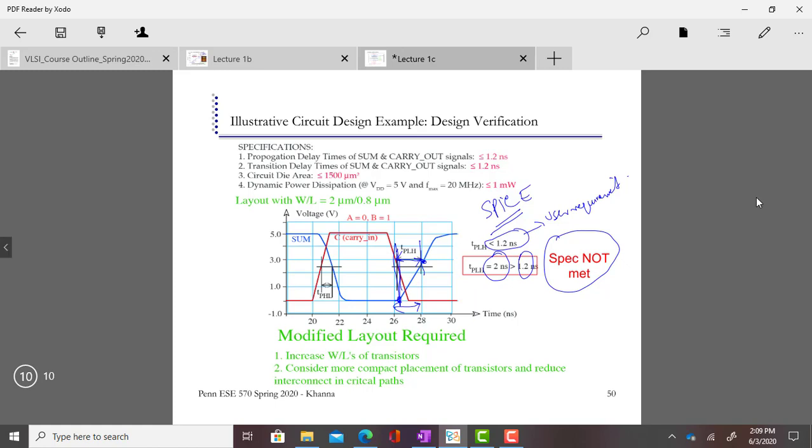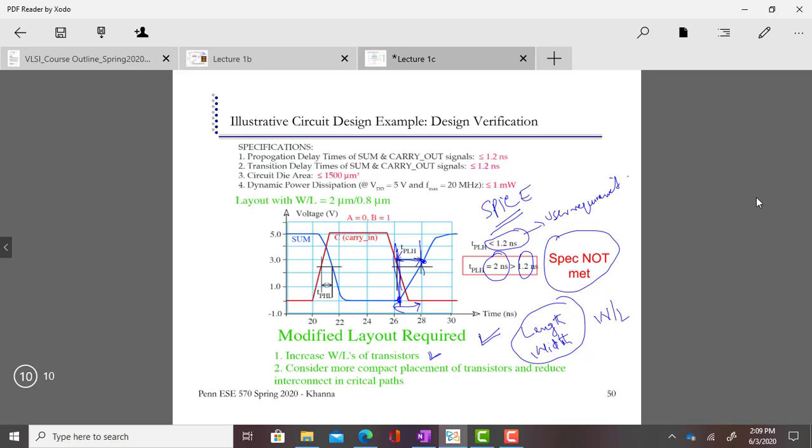Then what do you do? You have to modify the layout. You have to modify the transistor length and width. Later in the course we will understand the transistor W and L. These are the physical dimensions of transistors.